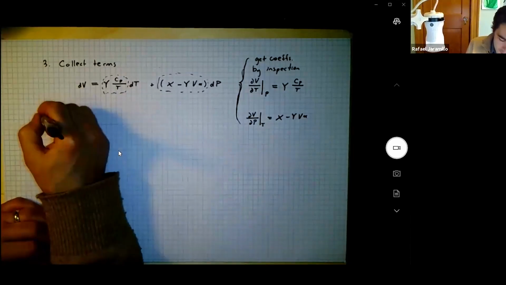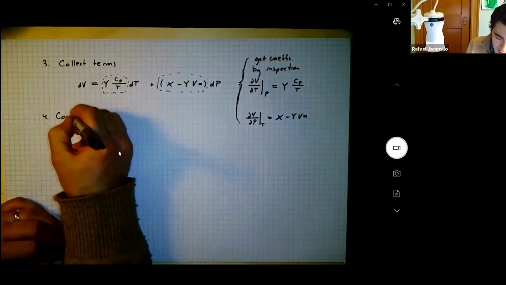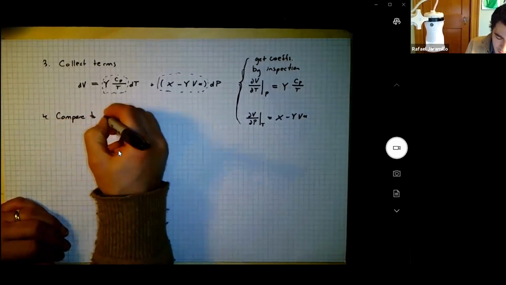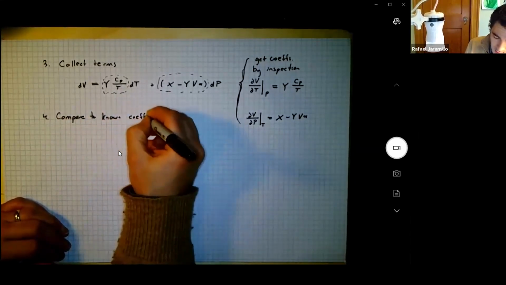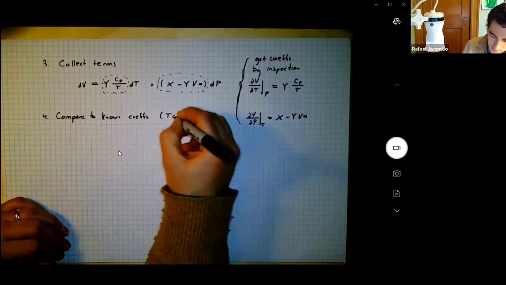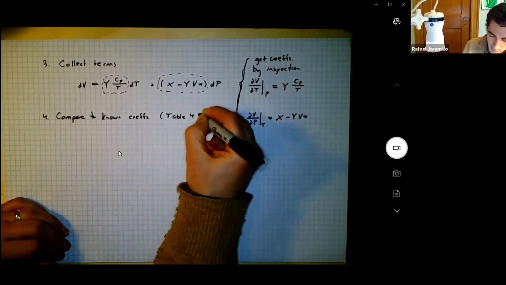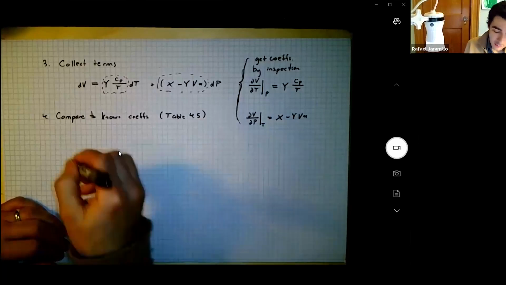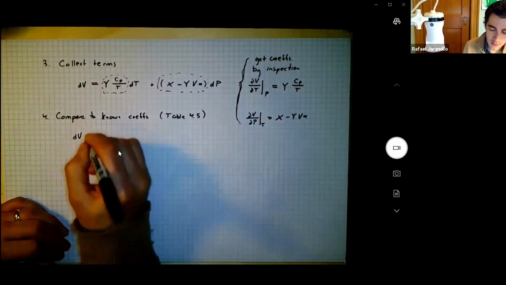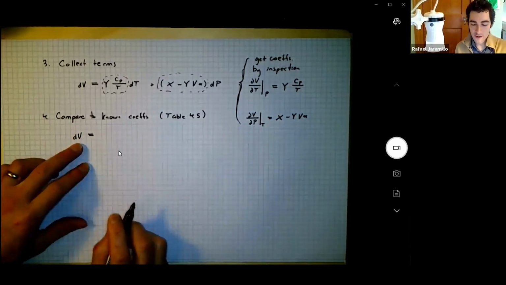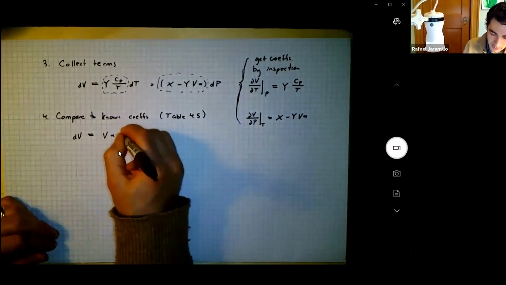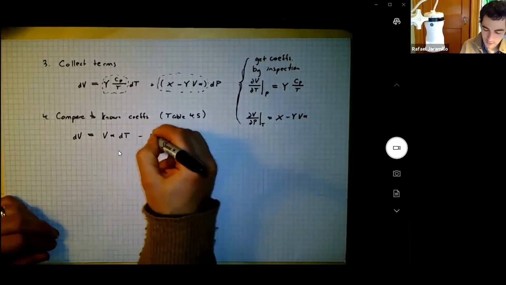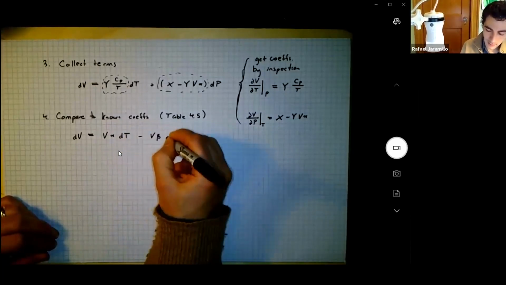The fourth step is you compare to the known coefficients, again referring to table 4.5. In table 4.5, you will find the differential form of volume written as a function of temperature and pressure. And this is what you'll find: V alpha dT minus V beta dP.